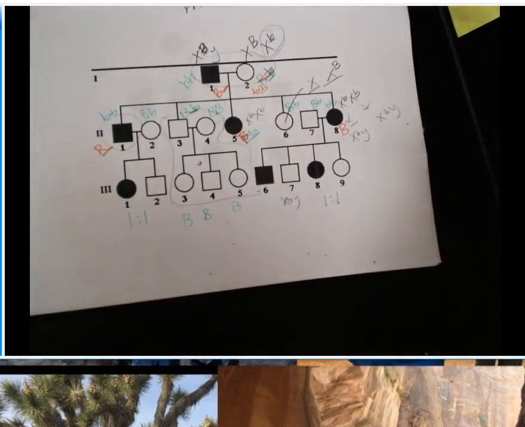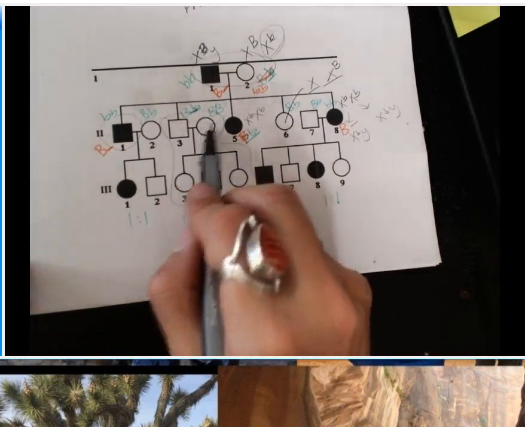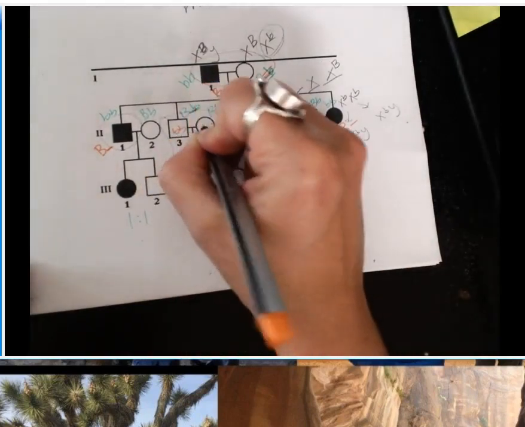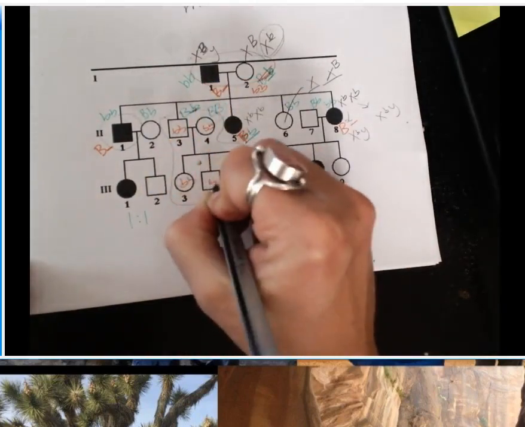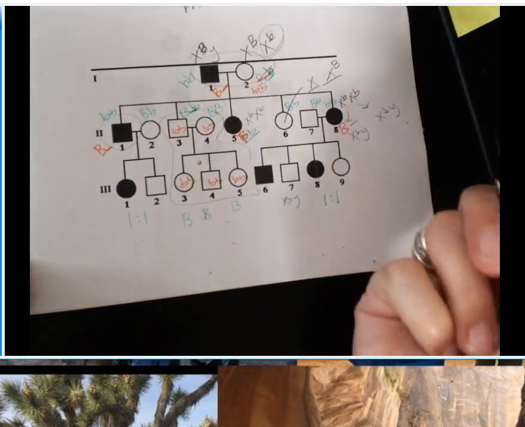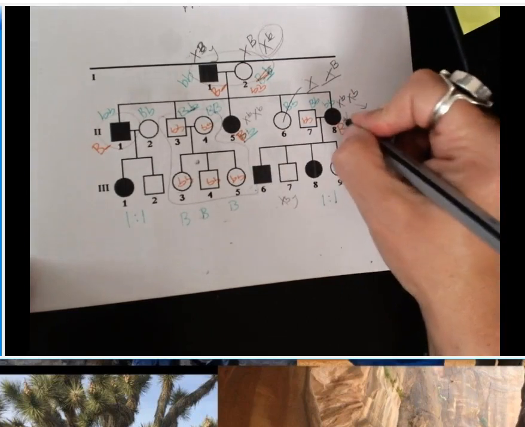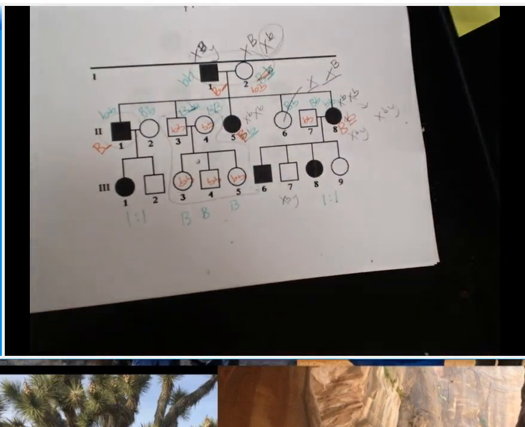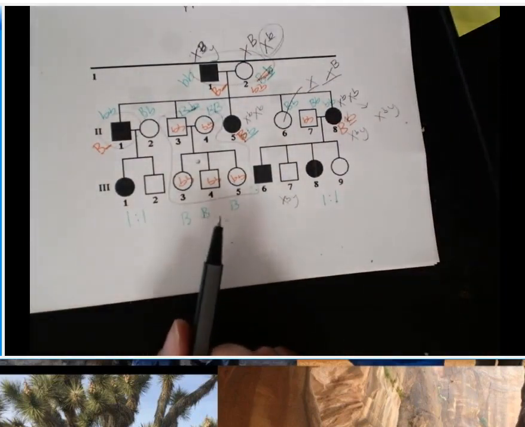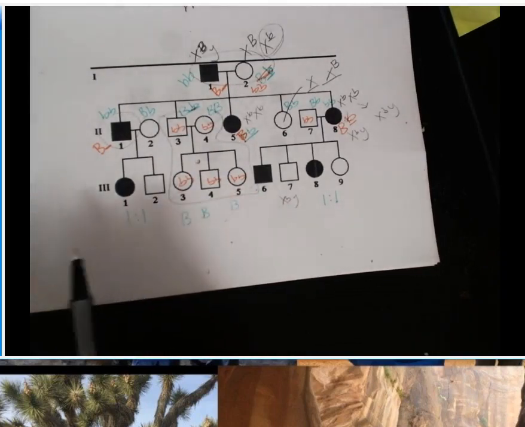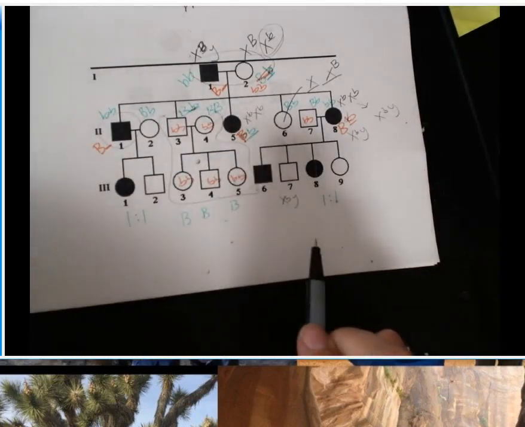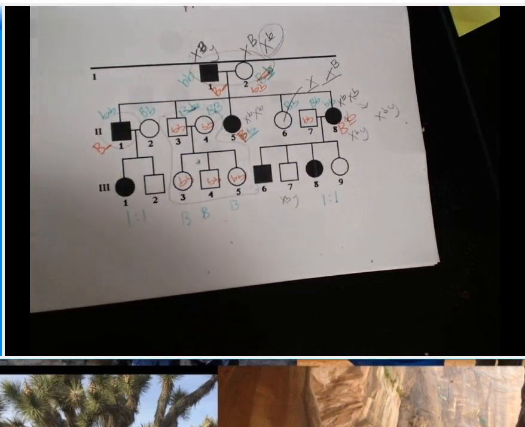So at this point, you could say that all of the ones that are not shaded in are homozygous recessive. And again, this also works. So here, you get a 1-to-1 ratio if this is a heterozygous, etc. So at this point, we don't know if this trait is inherited autosomal dominant or autosomal recessive, but we definitely eliminated sex-linked as a possibility.